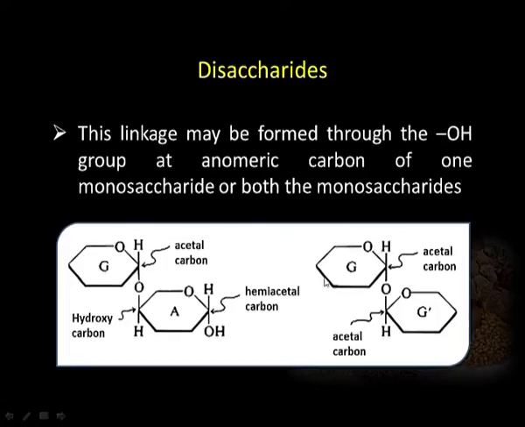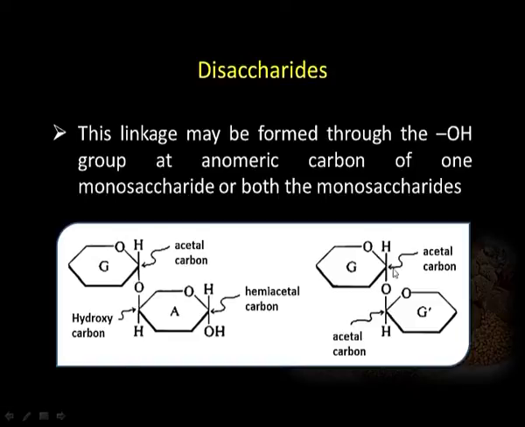Then linkage may be formed, as I said, with the hydroxyl group at the anomeric carbon of one monosaccharide or both the monosaccharides also. Another possibility is that suppose this is one sugar moiety, this is another sugar moiety, that is monosaccharides, and they may form this ethereal linkage or the acetal bond using the hydroxyl group of anomeric carbon in both the cases.